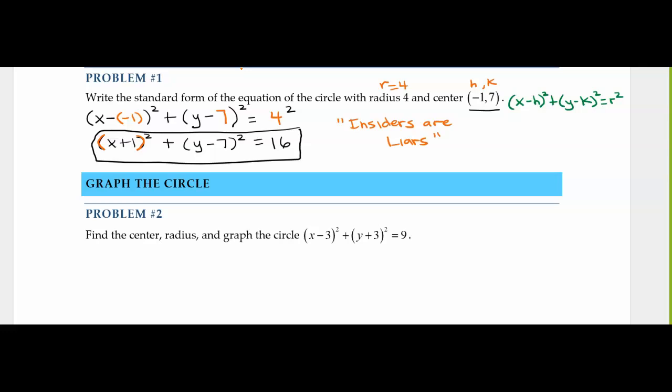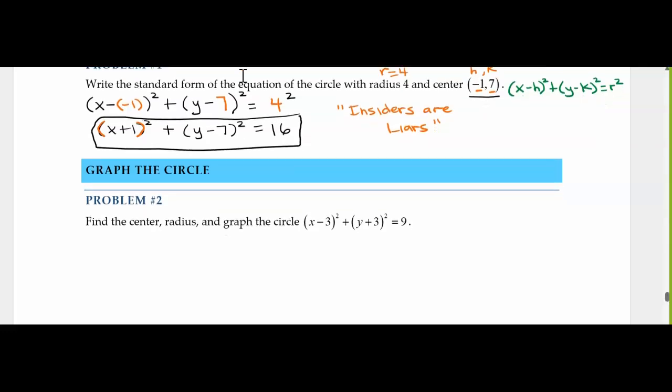We're doing the opposite of that. We got this -1, and then it's not a -7 for my y coordinate. It's the opposite of that. Insiders are liars is how you want to remember that you're doing the opposite there.